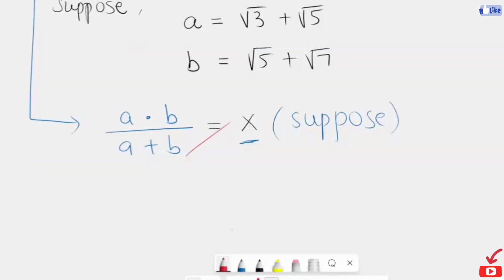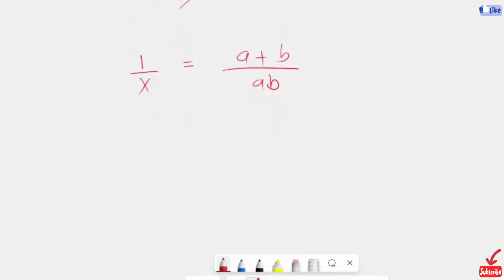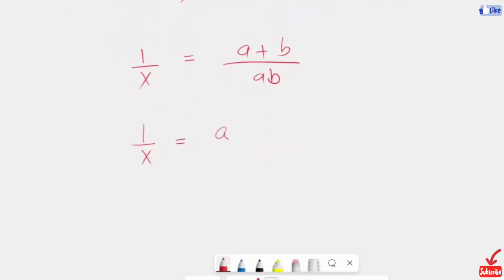Now here I am going to simplify this expression. I am going to cross multiply. So this will turn to 1 over x, and this will go to the numerator side, so a plus b over ab. Now this ab is dividing both the numerator values, so I write 1 over x is equal to a over ab plus b over ab.